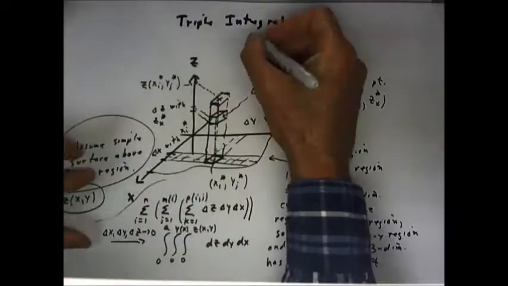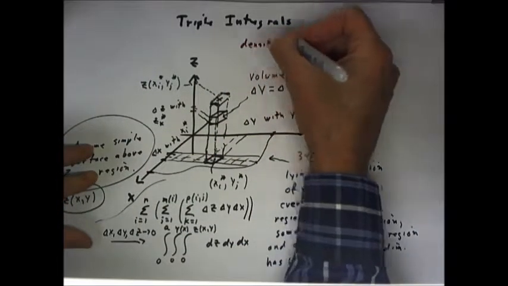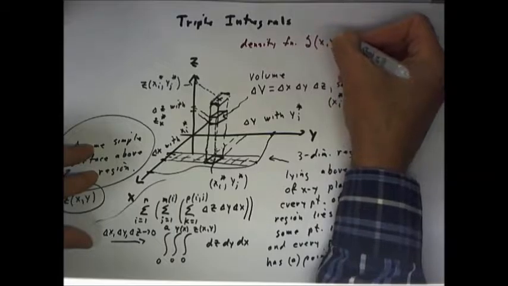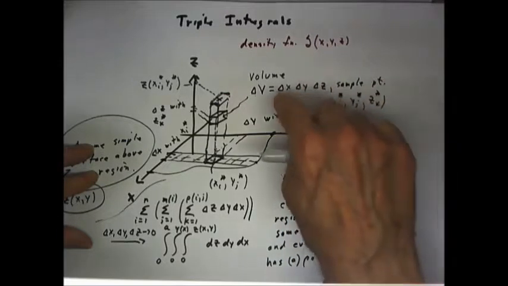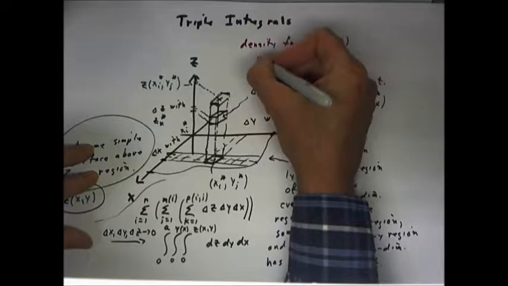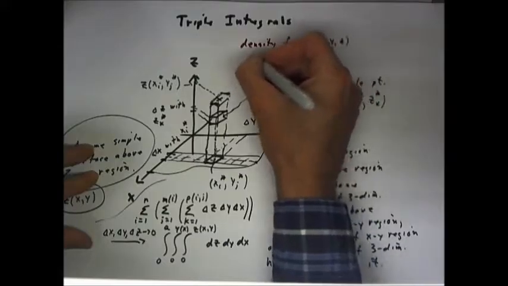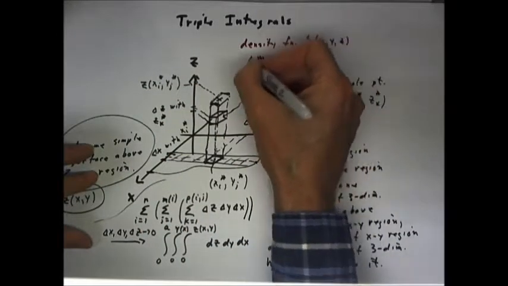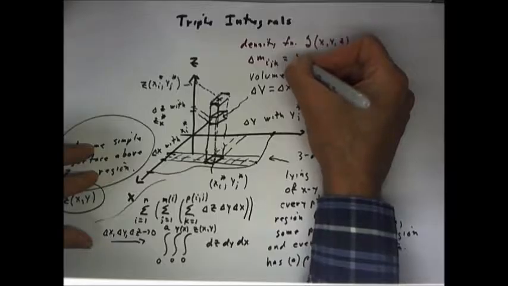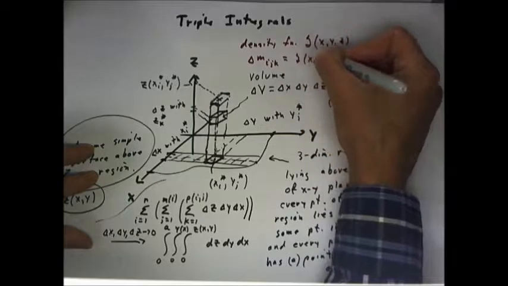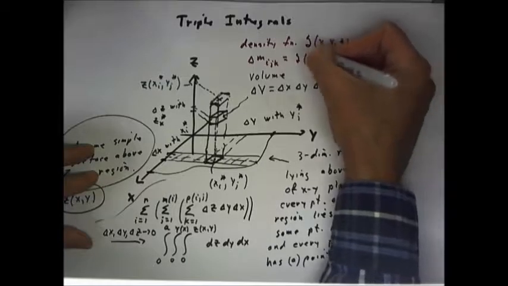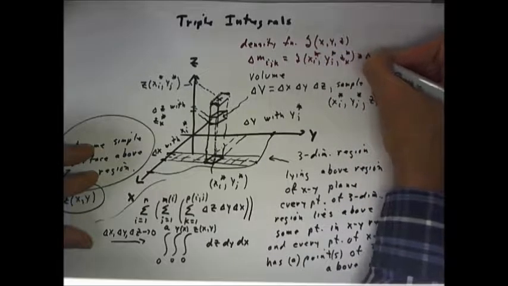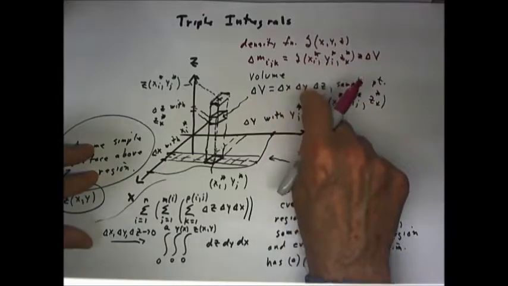For example, if we have density function delta of x, y, z, if we multiply the density at the sample point by the volume, the mass of our ijk region, its contribution to the total mass of whatever's occupying this region, is going to be just density at xi, yj, zk sample points times delta v. Delta v is just delta x, delta y, delta z.